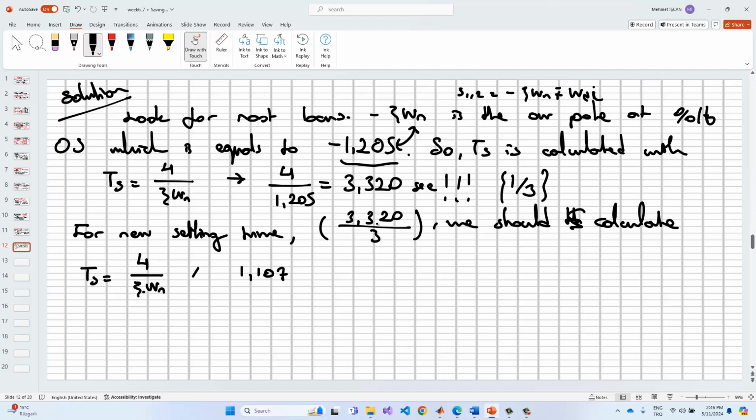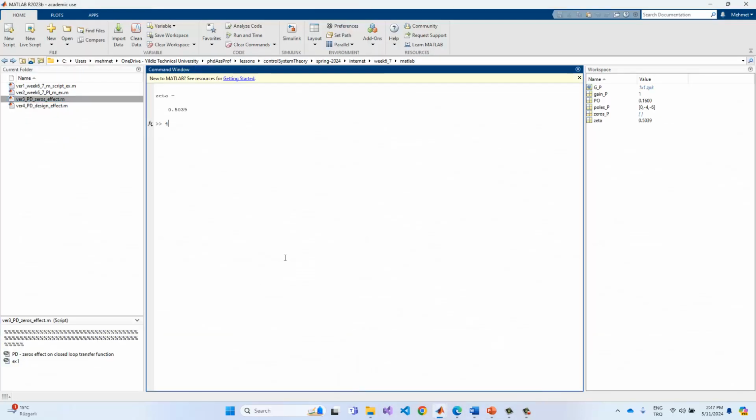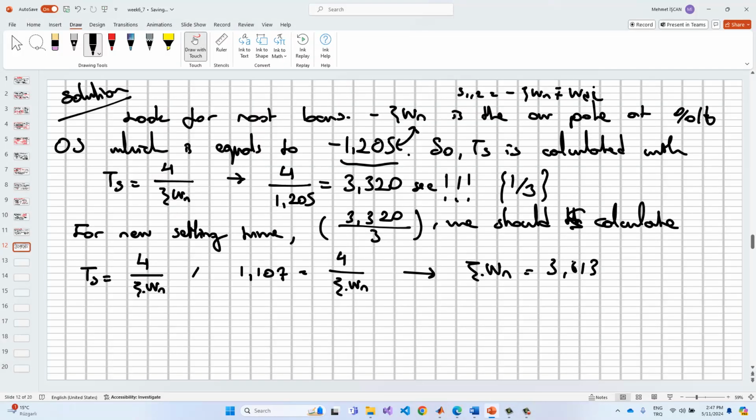This is coming from these terms. For zeta omega n, we can say that zeta omega n must be equal to these terms. In the precise calculation we need to calculate 4 divided by 1.107, and so this is okay. This is the new real pole.